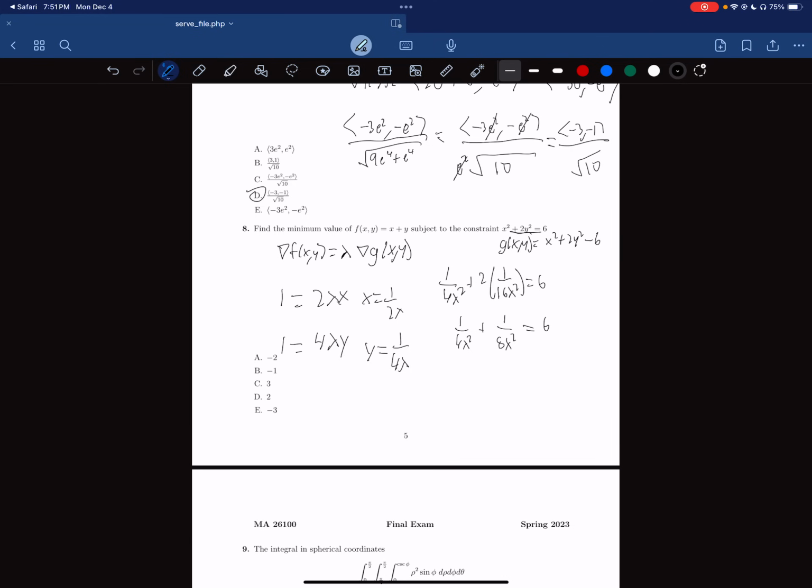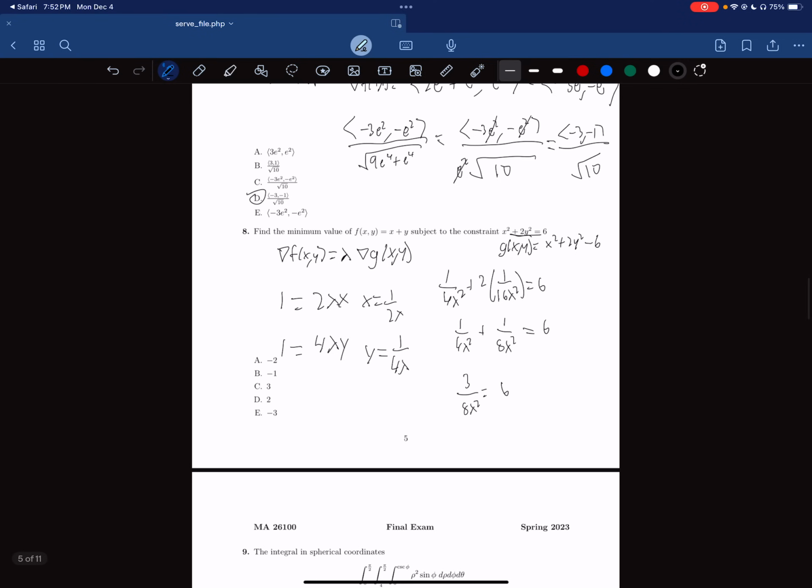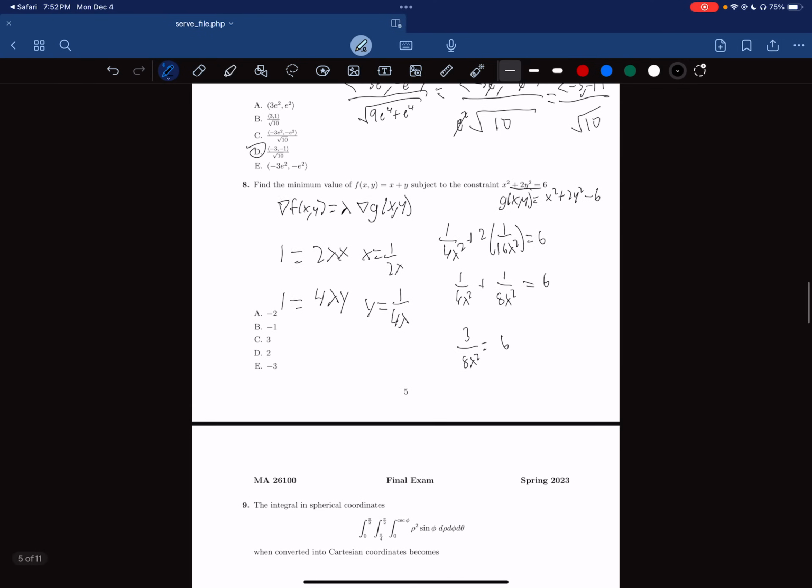And if we do some fraction algebra here, we're going to get 3 over 8 lambda squared equals 6. And of course, we can multiply both sides by 8, and we're going to get 3 over lambda squared equals 48.